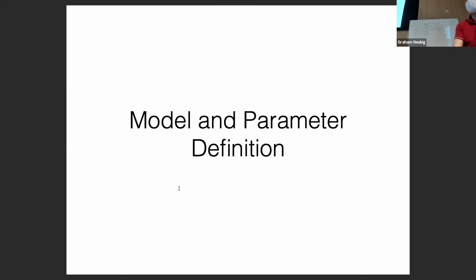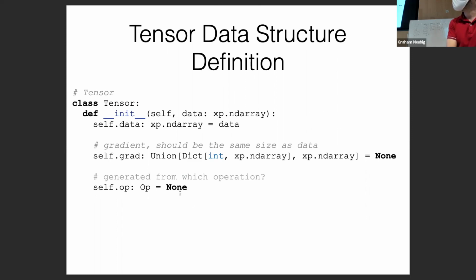Yeah. What's the XP library? So the question was, what is XP? It's an alias for either NumPy or CuPy. So x is a variable, x is equal to n or c.